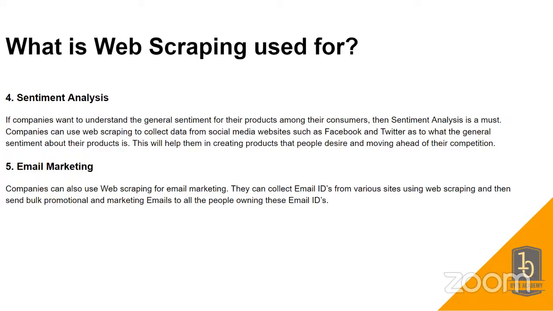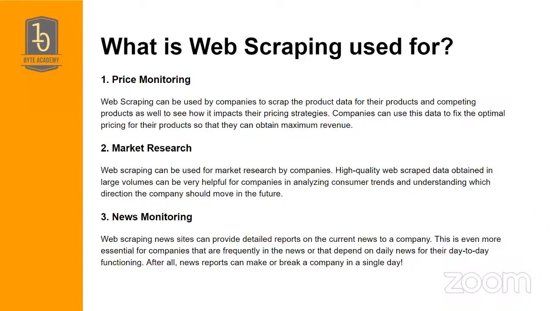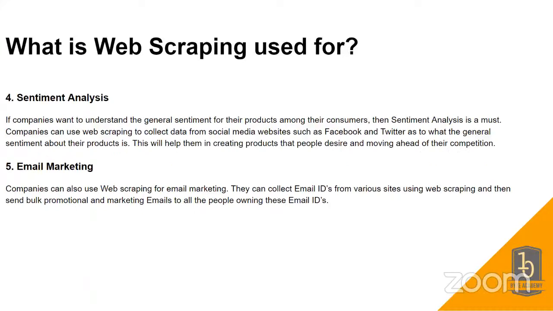After that, you can use it for email marketing, market research, price monitoring, news monitoring, whatever the logic is, that comes after. First, the basic is you scrape the website, you parse the HTML if it is in HTML format, and then you write the required logic to get the required data. And after that, the main business logic comes.